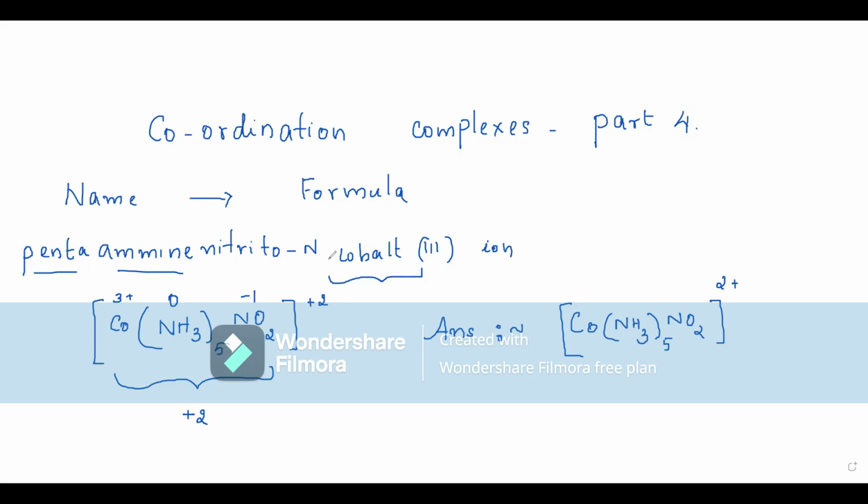Now, nitrito-N is NO2. Nitrito-O is ONO. The rest everything is clear, I guess. Now, moving on with the second example, triammine bromido nitro cobalt(II). Triammine is NH3 3 times.